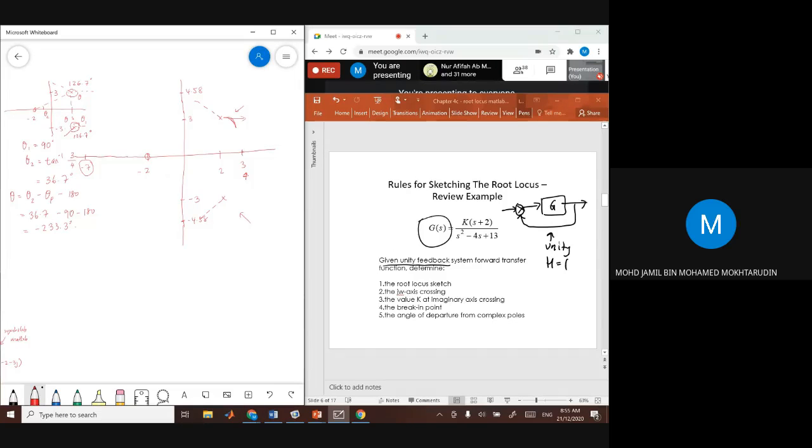So your root locus will start from poles and will go to the zero here. So meaning that the root locus will go forward. So your root locus will be something like a circle.